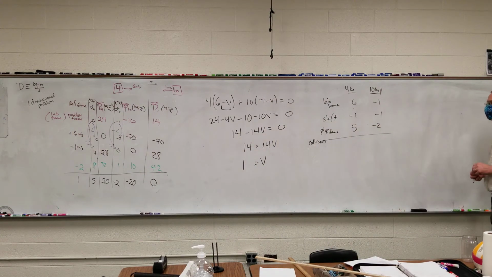Let me reword this. If I have a 3 kilogram mass going to the right at 2 meters per second, what is its kinetic energy? So 1/2 times 3 times 2 squared. Its velocity is 2 meters per second.